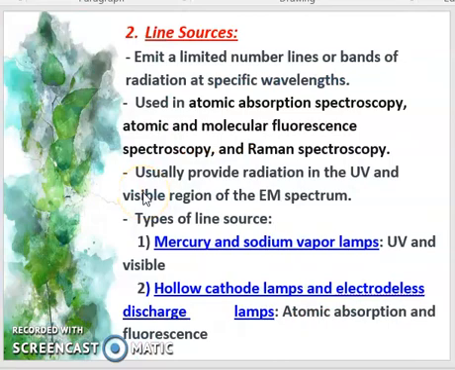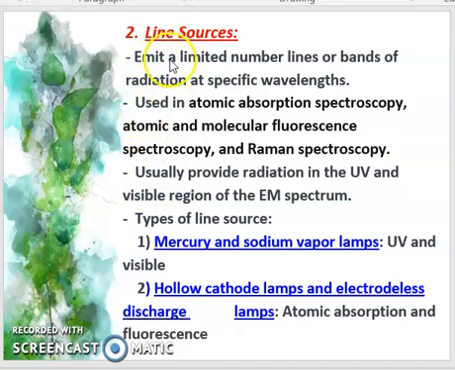The second one is line source. From the names, if we still remember, line spectra and continuous spectra. Continuous tu semua ada radiation lah, semua wavelength ada radiation. Kalau line spectra, at certain wavelength je dia ada radiation. So the same is the continuous source dengan line source.